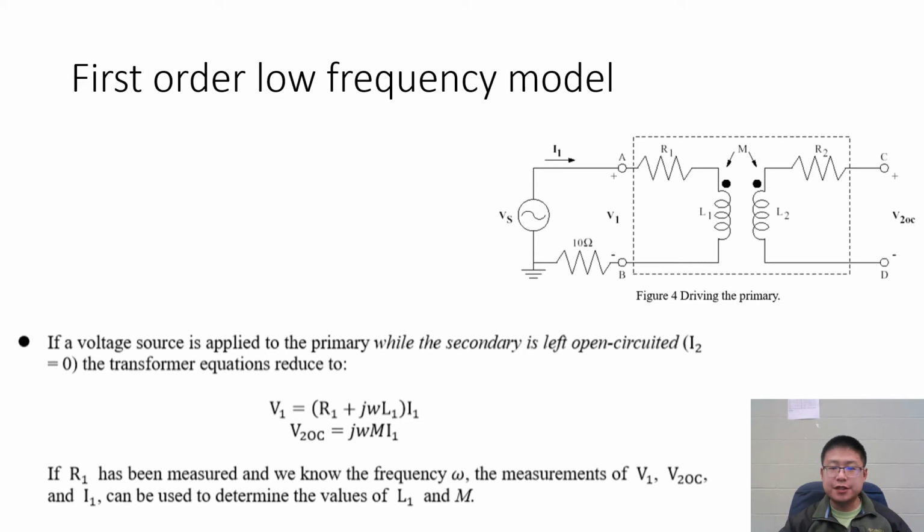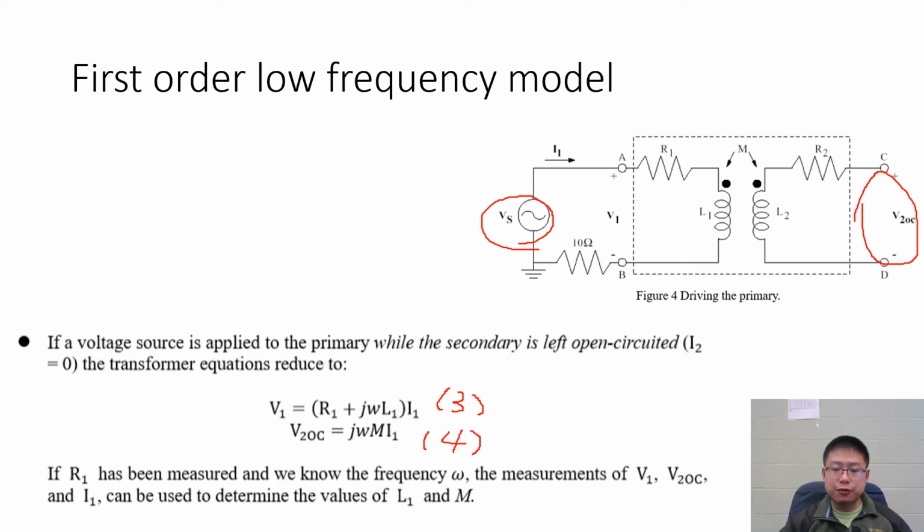The first open circuit test, we open circuit the secondary side and we connect the primary side with the function generator and apply the KVL on the primary side. We can obtain equation 3, and apply KVL on the secondary side. We can obtain equation 4.